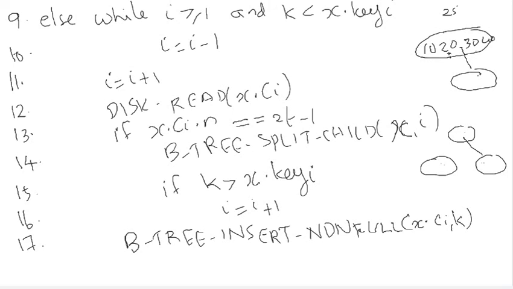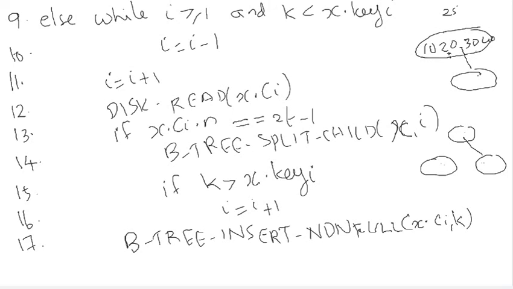It will come here, but we need to go to this child. That is why we are incrementing this value, and we are reading that ith child node from the disk, and we are checking whether that is a full node. If it is a full node, then we will invoke a B-Tree split child operation, and then we will find out the exact position. Okay, so that is what the algorithm says.